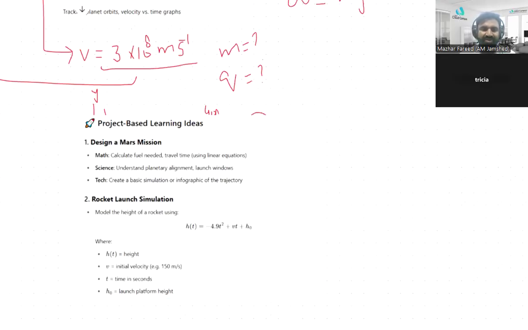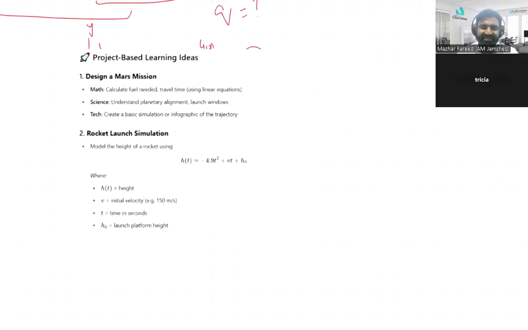Okay. So next is designing a Mars mission. How do people go to Mars, how do they calculate the data, and how do they use technology and math to understand it? First, when you design a Mars mission, the calculation is based on math.